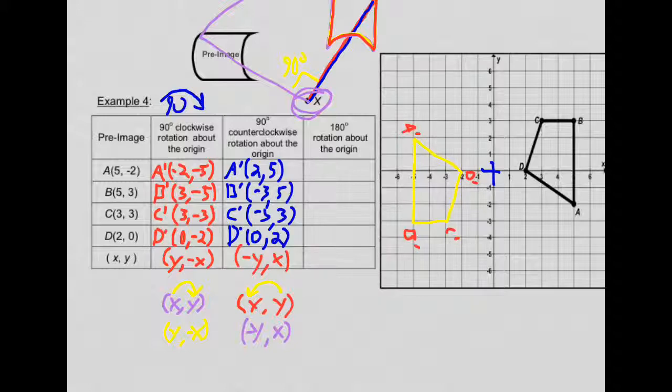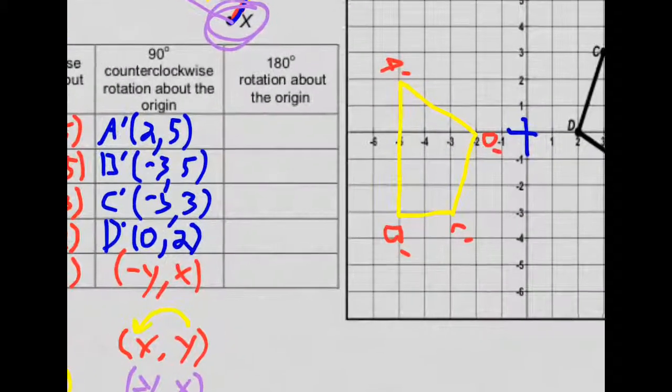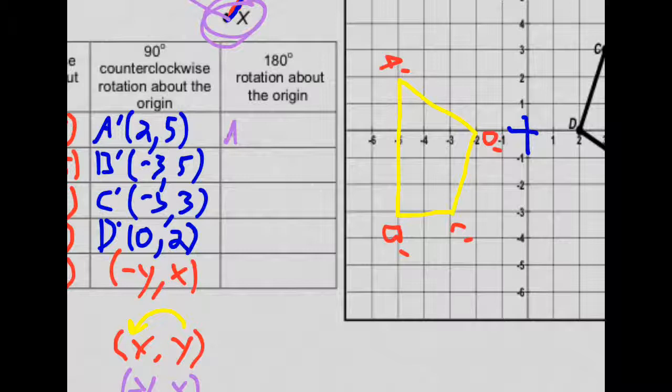And so now A prime here is negative 5, 2.